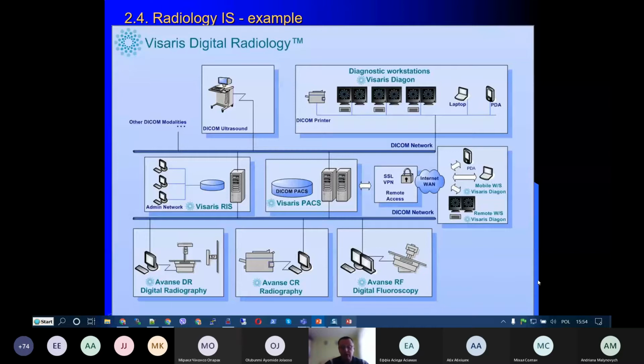One represented and colored like RIS, radiology information system, and second in the row colored PACS, picture archiving and communication system. So again, dependent on the vendor's vision of architecture development, we can talk about even a combination of both these systems within some integrated solution.